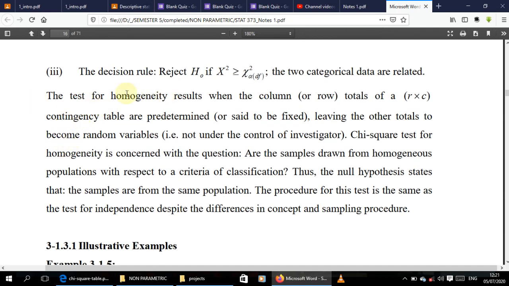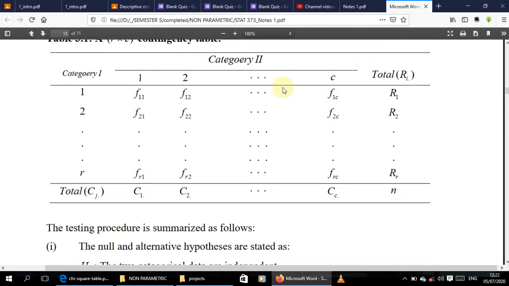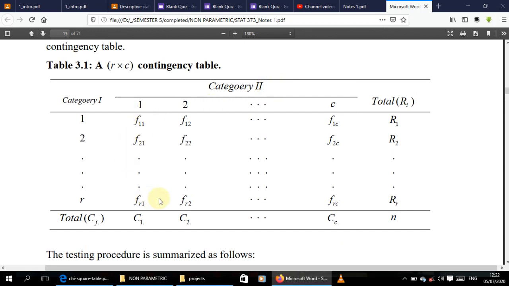So what's the difference between chi-square goodness of fit, chi-square independence, and then homogeneity? For homogeneity, the test results when the column or the row totals of this table are predetermined. So the difference between chi-square homogeneity and chi-square goodness of fit is that for goodness of fit, we don't fix anything.